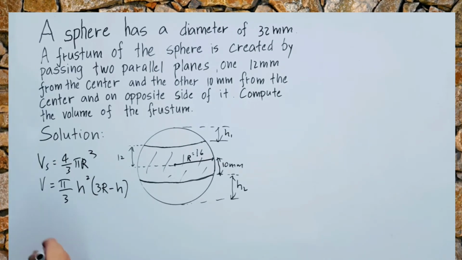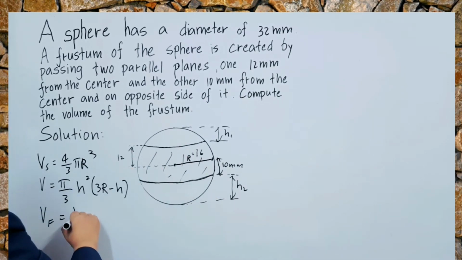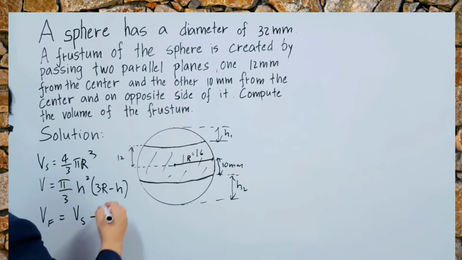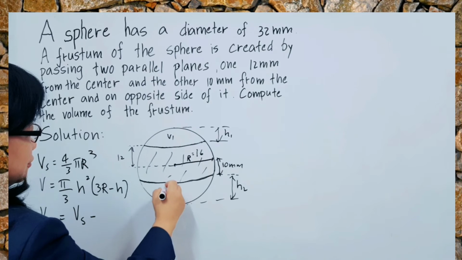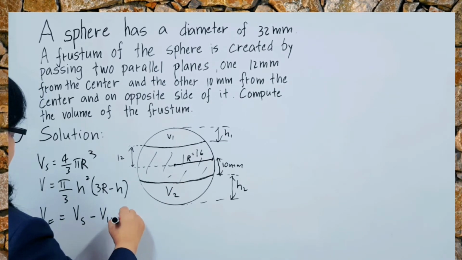Now, the volume of a frustum can be solved by taking the total of the sphere minus this volume, okay? So, we call it volume 1. And this volume also, we call it volume 2. So, V1 minus V2.